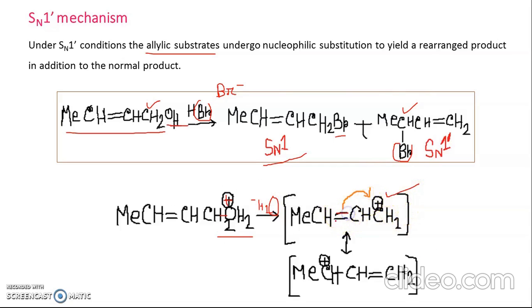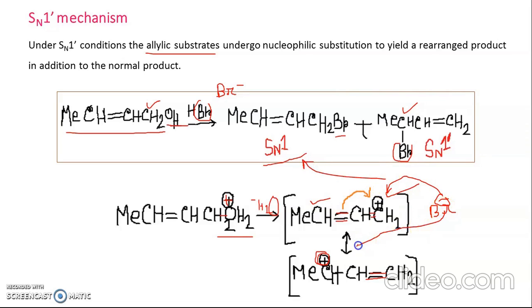Now the double bond between two carbons can be shifted to the next two carbons. So now the double bond is between these two carbons, and this carbon is now electron deficient, carrying a positive charge. So if under this condition Br minus attacks this positively charged carbon, then you will get the SN1 product.